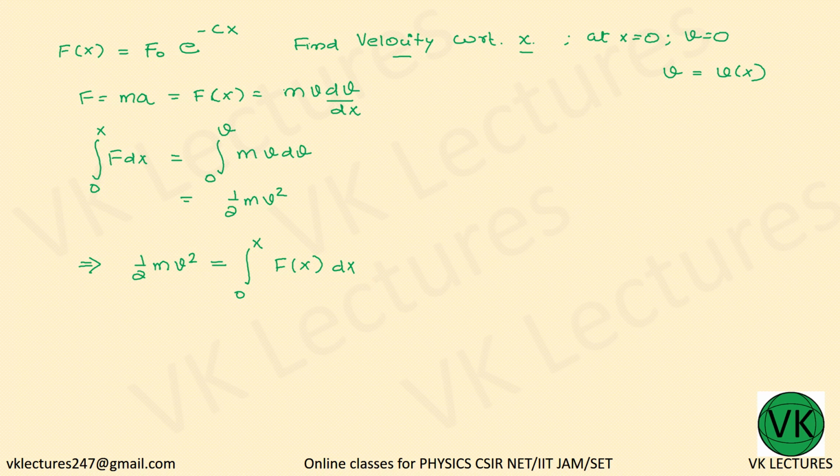And now let us substitute for F of x: integral from 0 to x, F naught e to the power minus cx dx. So here we have F naught. Now the integral of e to the power minus cx is e to the power minus cx by minus c, and the integral is from 0 to x. Now here we will continue.